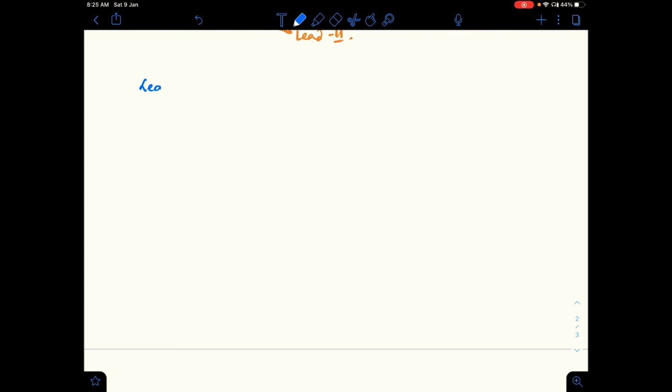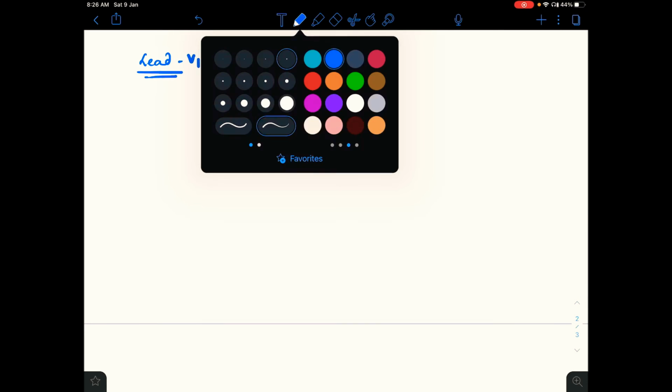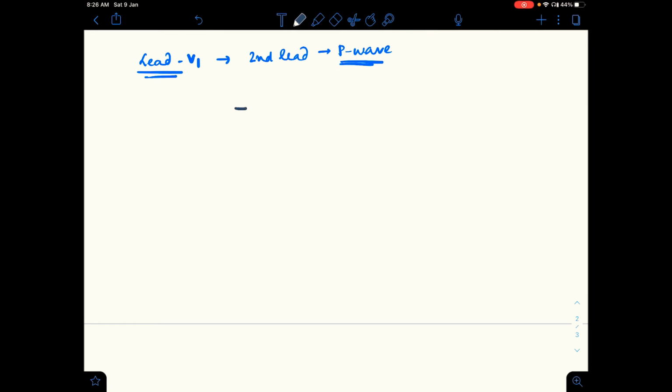Now coming to lead V1, the second lead in which we check the P wave. In lead V1, the characteristic P wave is biphasic, like this. The upward peak is due to the right atrium and the downward peak is due to the left atrium. Why so? If we see the placement of the chest lead V1, we will understand it.